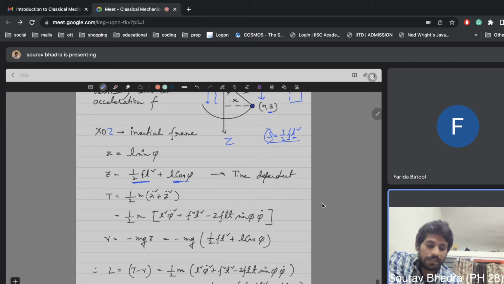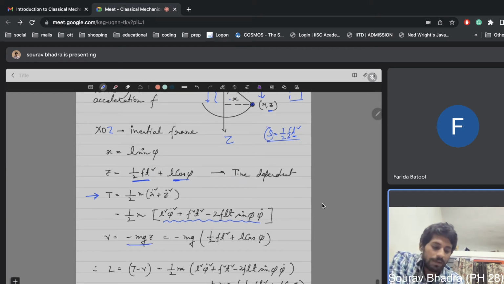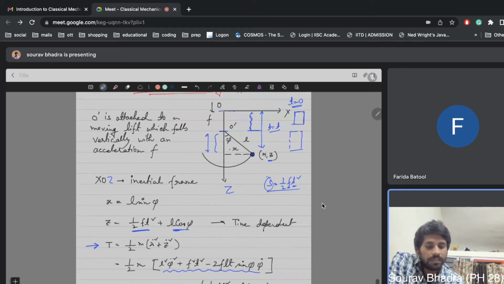Now the kinetic energy T is half m times (x dot square plus z dot square), as you all know, and if you put x and z and differentiate with respect to t, you will get this equation, where phi dot is d phi by dt. And V is actually minus m g z. That means we have taken V equals 0 at O, and it is negative from O. We can do that for our problems.